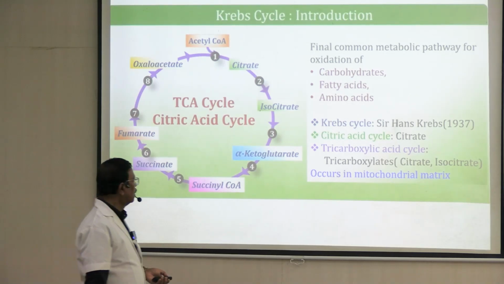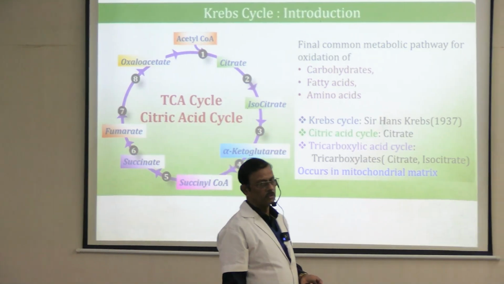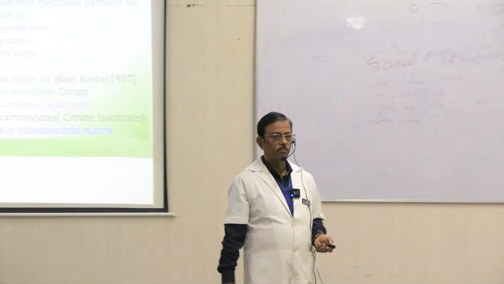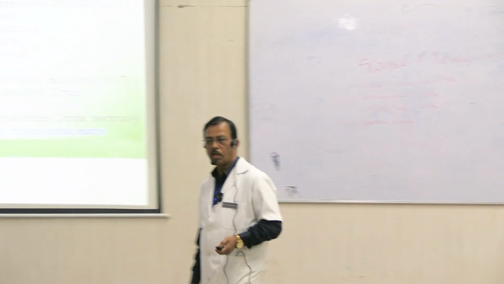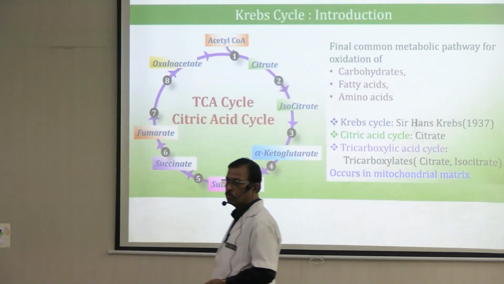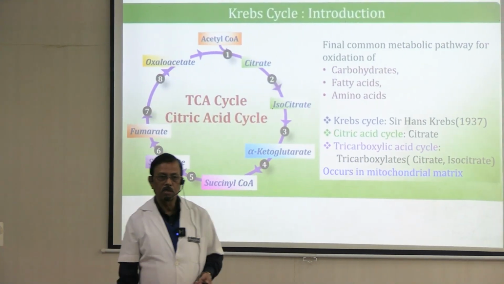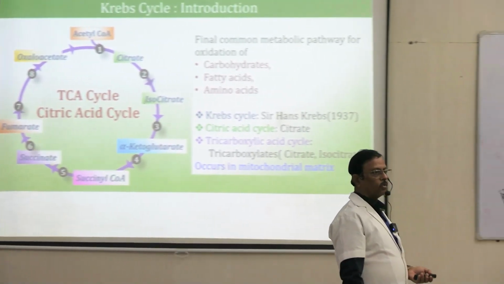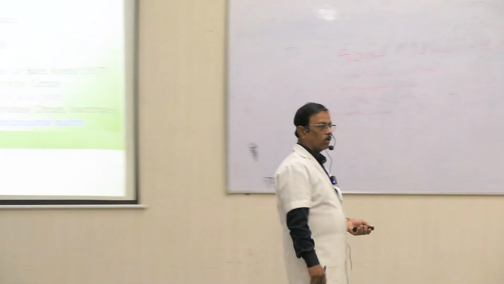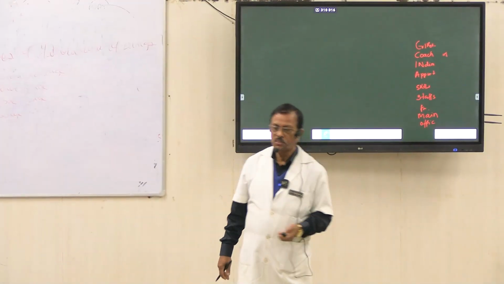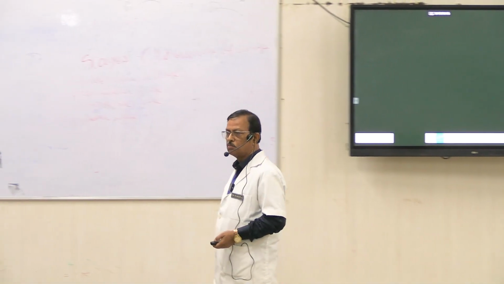It occurs in the mitochondrial matrix. Only one enzyme of the TCA cycle is bound to the mitochondrial membrane. This is succinate dehydrogenase. In the electron transport chain, complex 1 is NADH dehydrogenase and complex 2 is succinate dehydrogenase.